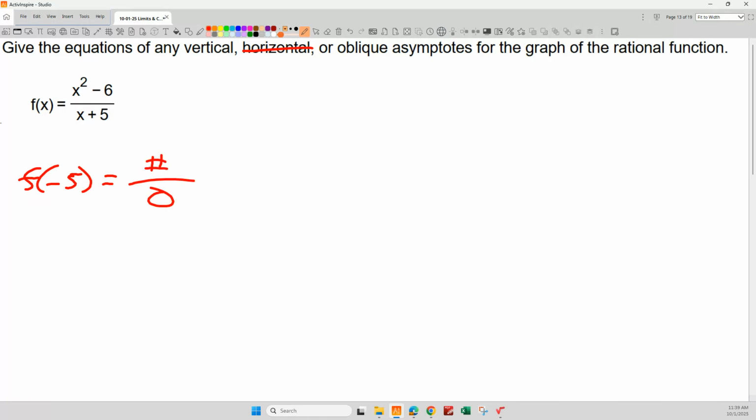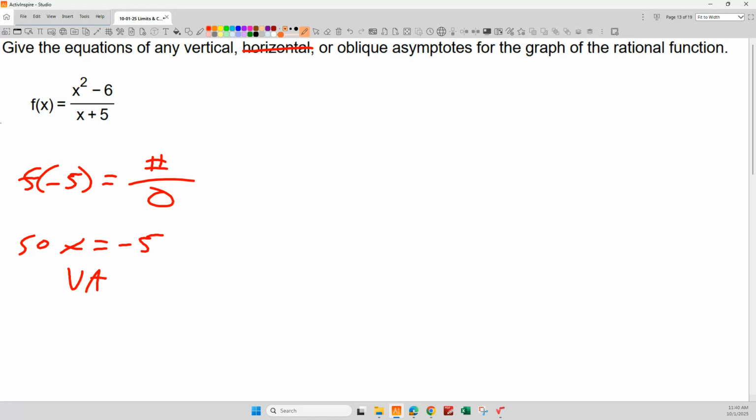So x equals negative 5 is a vertical asymptote. Okay? Give me thumbs on that part. Does that make sense? Again, unique zeros of the denominator always correspond to vertical asymptotes. So there's only one of those, because there's only one zero of the denominator.